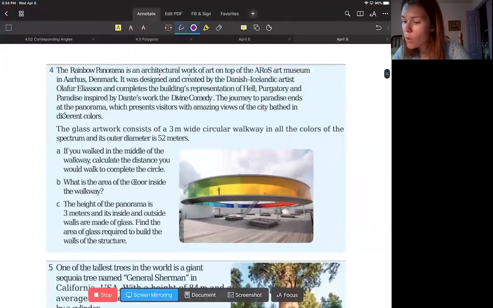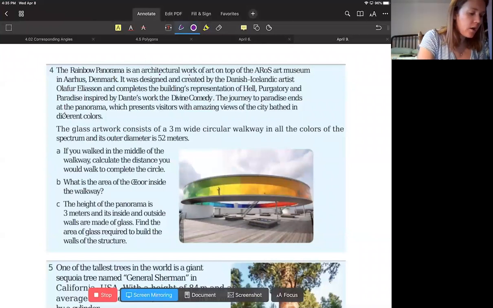Okay, so A, if you walked in the middle of the walkway, okay, so this is our walkway, if you walked in the middle of it, calculate the distance you would walk to complete the circle.